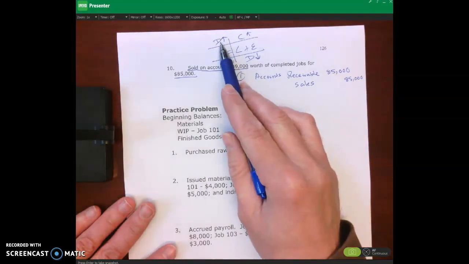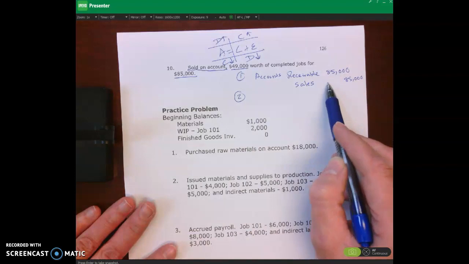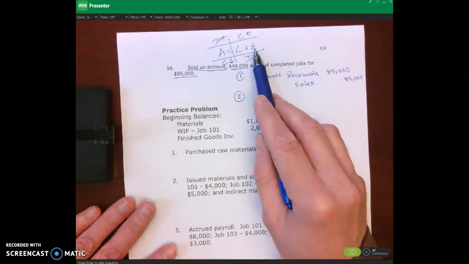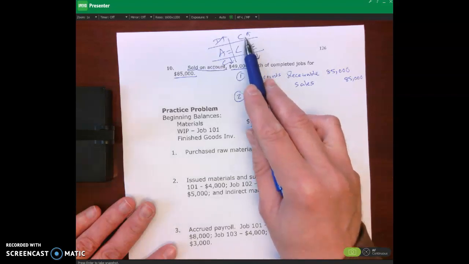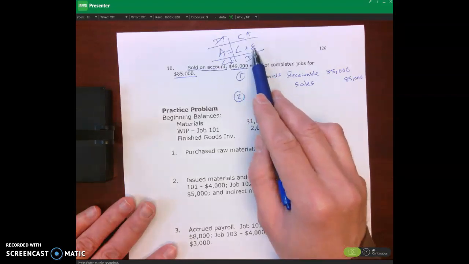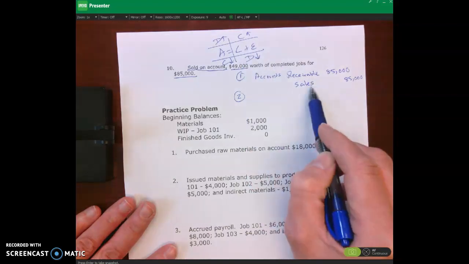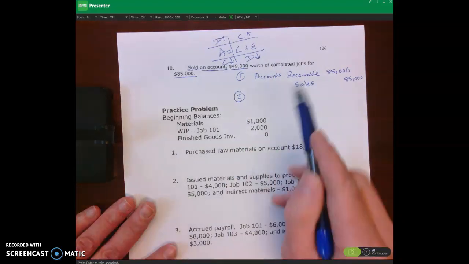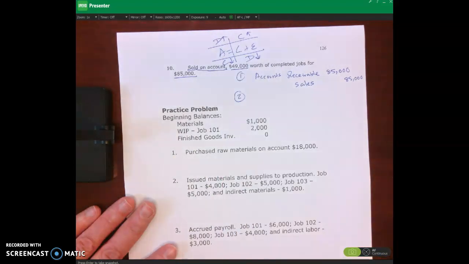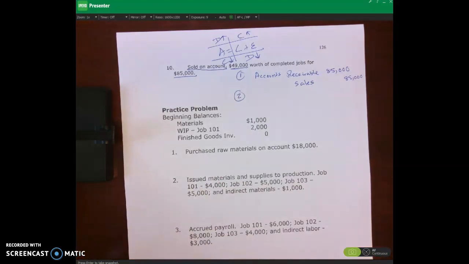That's why it's recognized with the debit. Sales positively influences equity. So as sales go up, equity also goes up. How do I recognize that equity is going up? With a credit. That's how this journal entry fits into the accounting equation in terms of debits and credits.